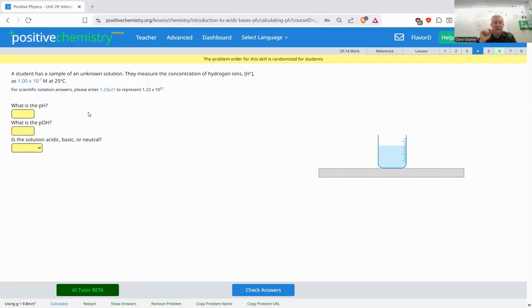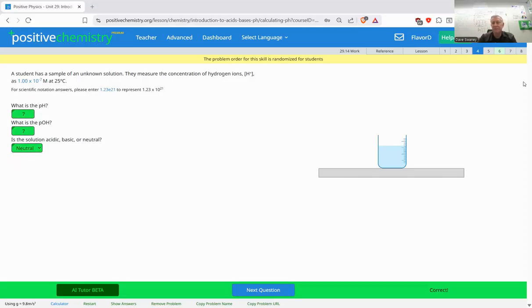So pH is always positive. pOH is always positive. We're gonna say that pH is the negative of the real answer, so it is 7. What is the pOH? 14 minus whatever you just said. So 7, and I'm right. And that is neutral because the pH is 7.